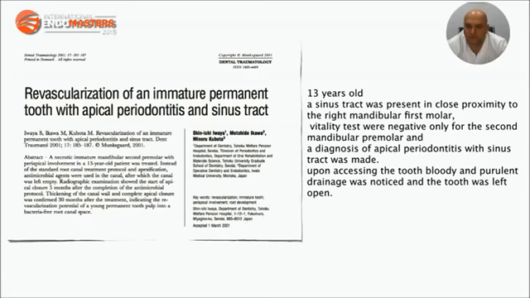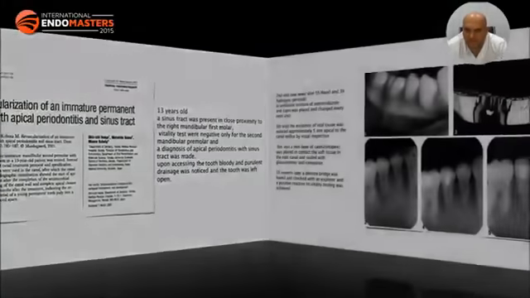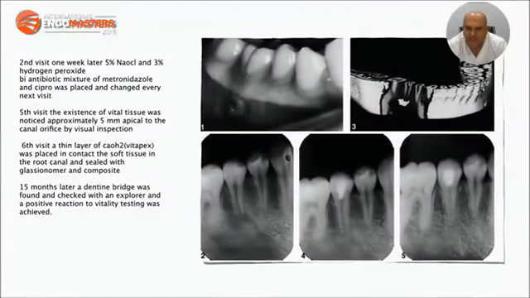The patient was 13 years old, a sinus tract was present in close proximity to the right mandibular first molar, but vitality testing was negative only for the second mandibular premolar, and a diagnosis of apical periodontitis with sinus tract was made. Upon assessing the tooth, bloody and purulent drainage was noticed and the tooth was left open. And this is the case by Iwaya and colleagues.